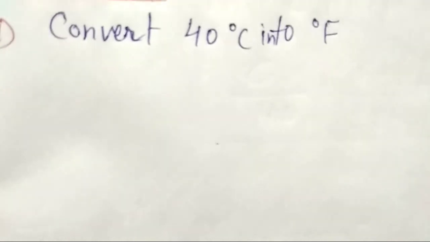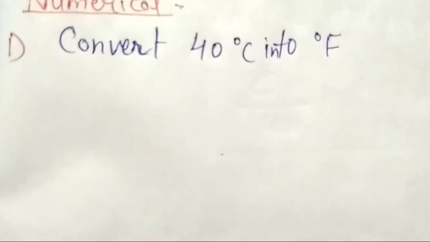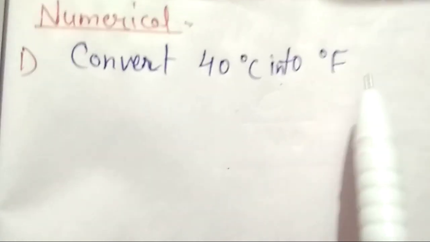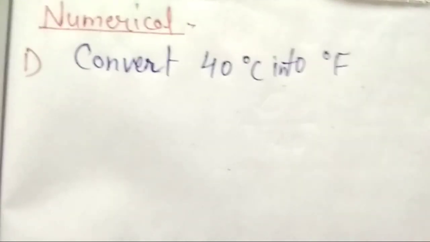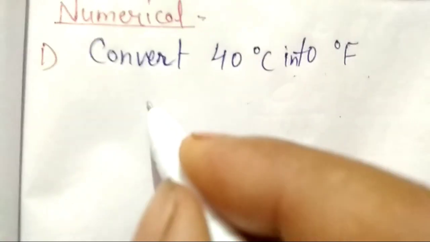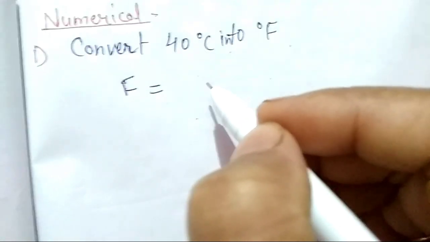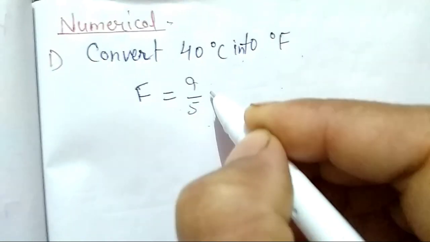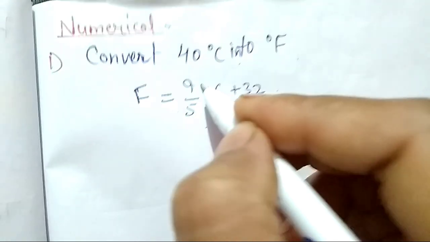Here I have taken some examples to follow these formulas. The first numerical is to convert 40 degrees Celsius into degree Fahrenheit. To find the value in degree Fahrenheit, we use the formula we derived before. The formula will be F equals 9 by 5 C plus 32.